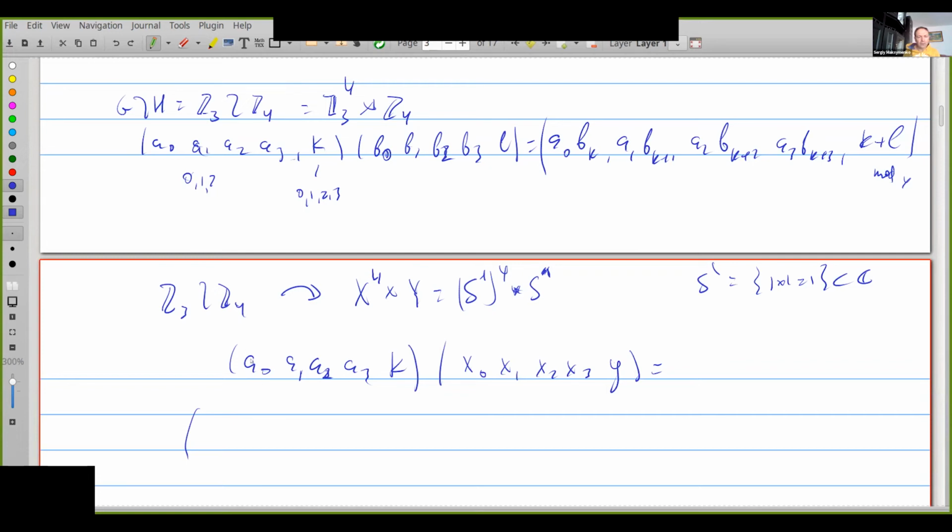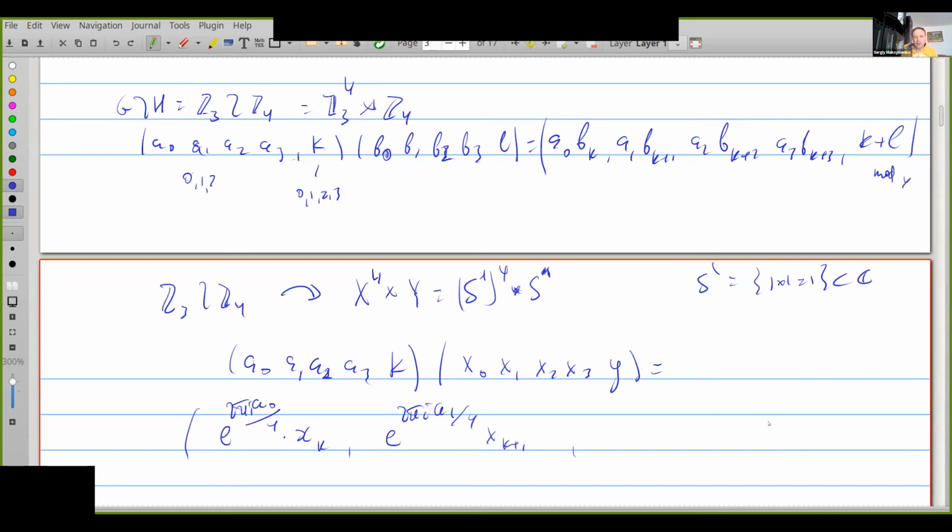This group is of order 4, so it is generated by rotation by pi divided by 2. So it is e to the power 2 pi i a0 divided by 4 and multiplied by x_k, then e to the power 2 pi i a1 again divided by 4 and multiplied by x_{k+1}, and so on the same.